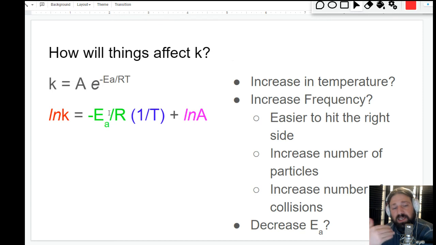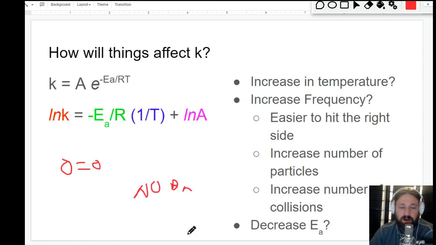What happens if I decrease the activation energy through some means that we haven't got to yet? We'll get to that in a little bit. But if we decrease activation energy, that's also going to increase K, increase the rate. So just go through and remember, if I give you two molecules, let's say I have O2 versus that NOBr. Which one of these two, under the same conditions, if everything else is kept the same, is going to have a faster reaction?